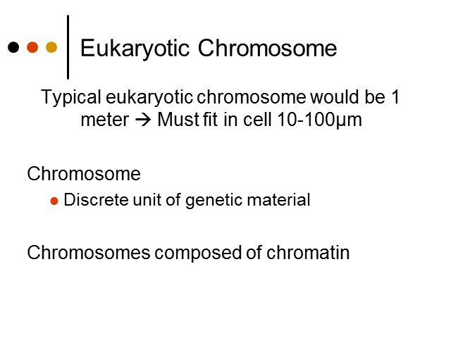So we're going to look at eukaryotic chromosomes, and this is because prokaryotic chromosomes are just a circular piece of DNA. Eukaryotic chromosomes are linear, so they have a beginning and an end to them, and they're usually discrete from each other, separate from each other. A typical eukaryotic chromosome, if you stretch out the DNA, would be 1 meter long.